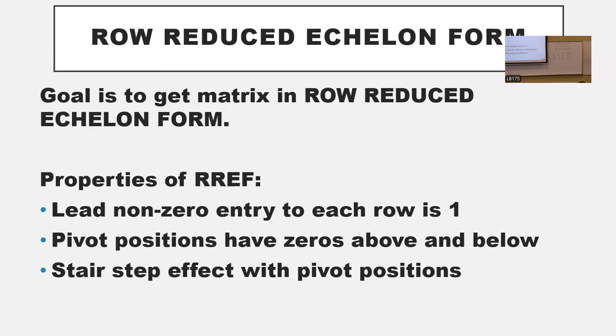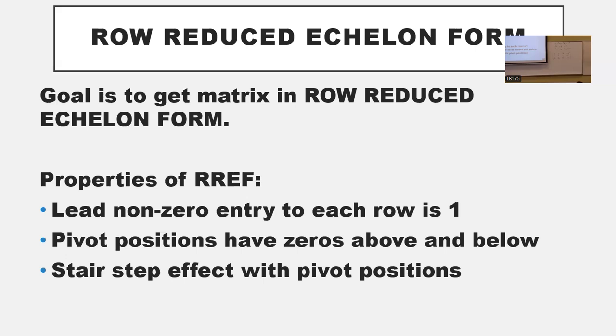Okay. Properties of the row reduced echelon form of the matrix say we have to use lots of zeros and ones. The lead non-zero entry of each row is going to be a 1. Those lead entries are called pivot positions. And below and above the pivot positions, we're going to force our matrix to have zeros.